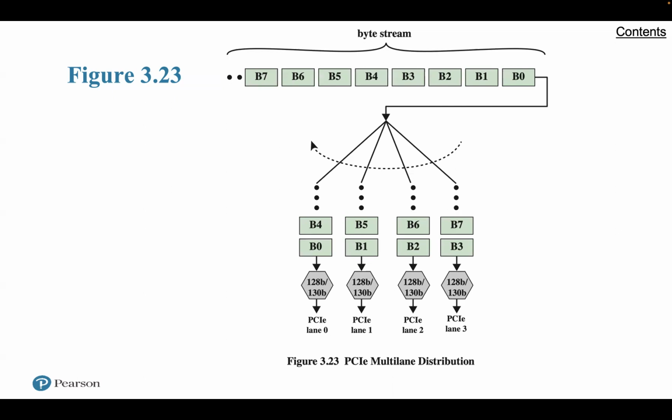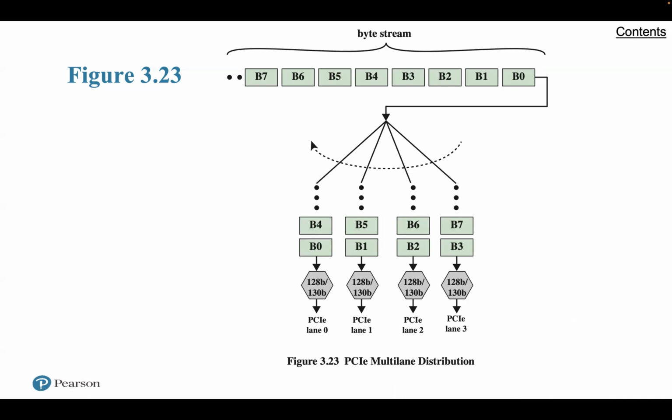Each block of 128 bits is encoded into a unique 130-bit code word for transmission. This is a reference to 128b/130b encoding. Thus, the effective data rate of the individual lane is reduced by a factor of 128 over 130.